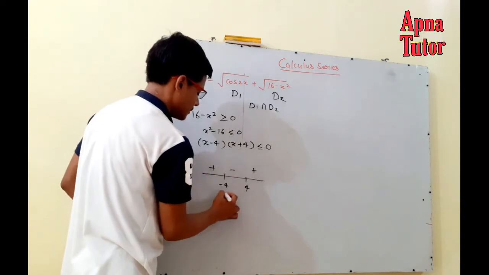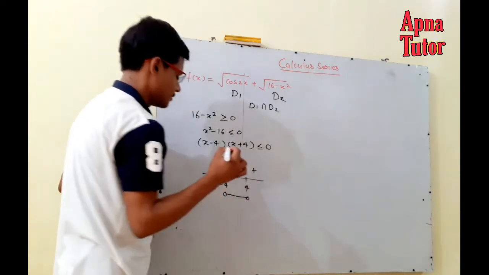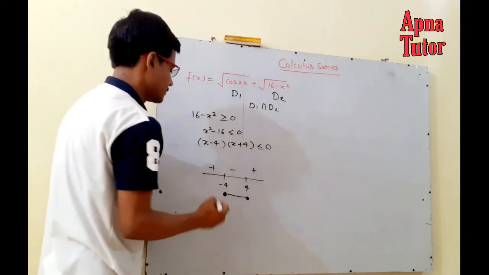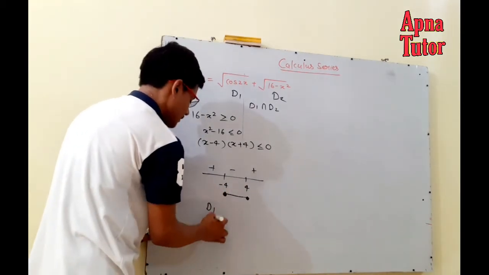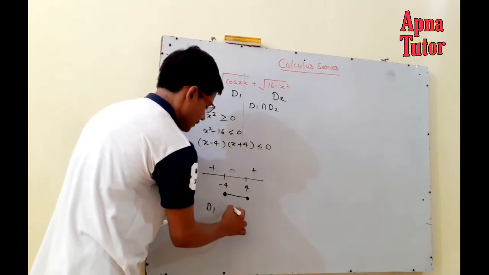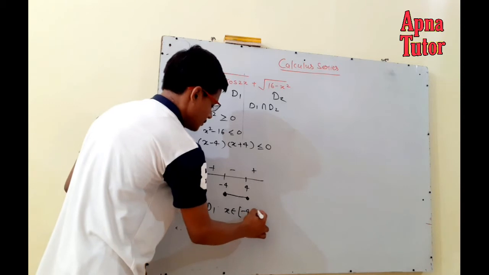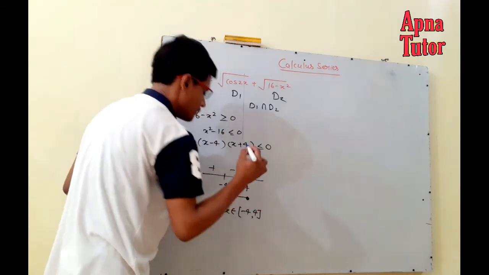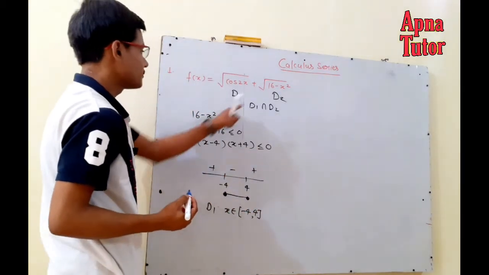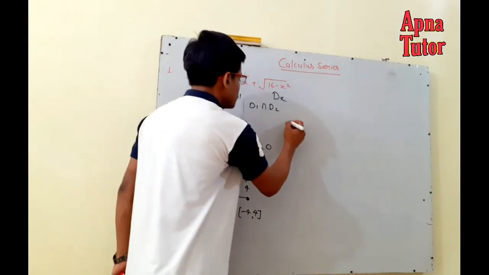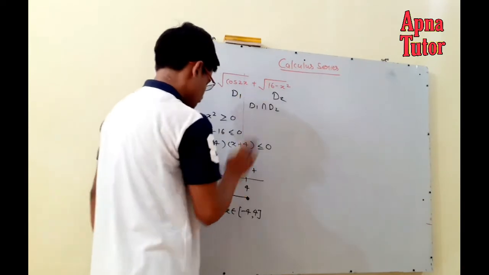You have to take the minus part. So this will be the domain of this function. So what is d1? d1 is x belongs to minus 4 to 4. This is the domain of this function.